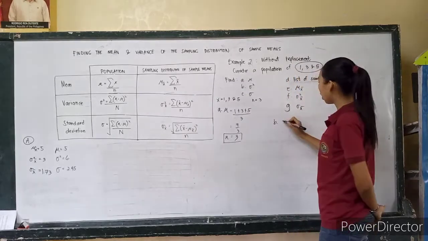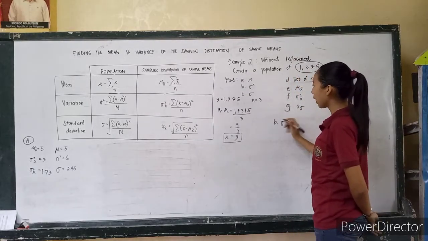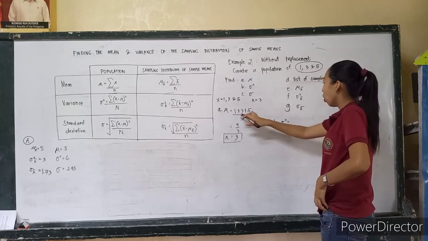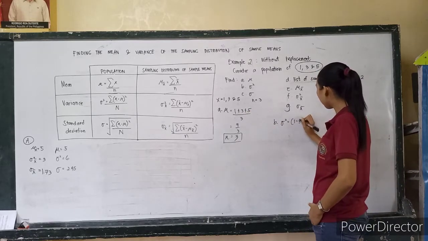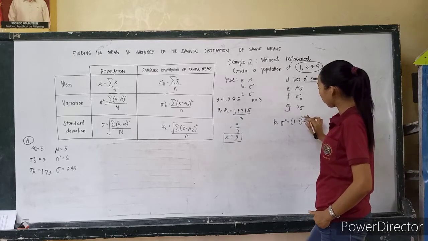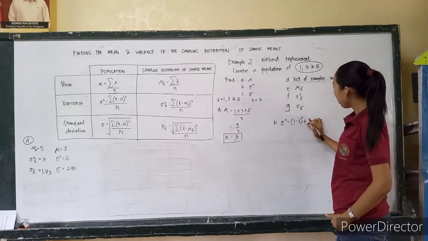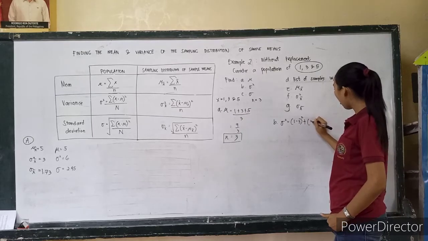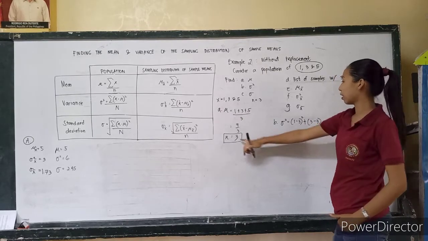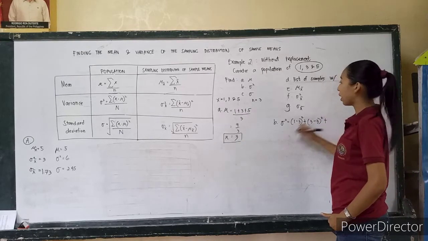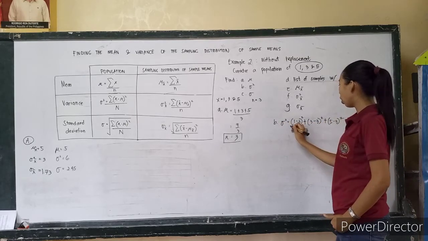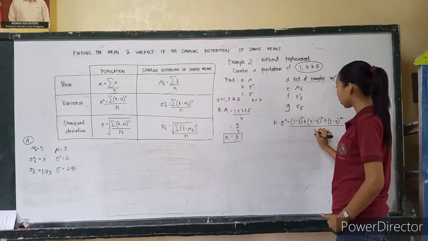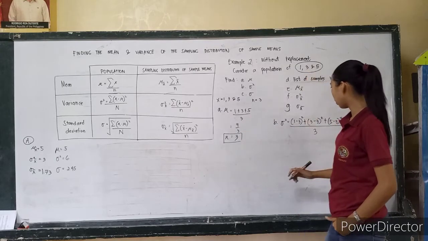So we have 1 minus your population mean, which is 3, squared, plus 3 minus 3 squared, plus 5 minus 3 squared, all over our population size, which is 3.